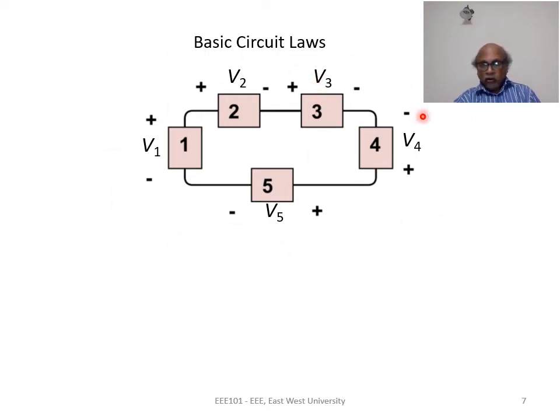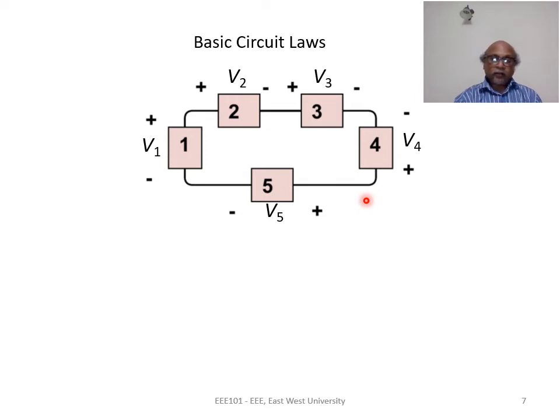So when we go clockwise, going across 1, this V1 is a rise, I go from minus to plus. When going across 2, V2 is a drop because I am going from plus to minus. Similarly, going from left to right, V3 is a drop. Going downward, V4 is a rise.